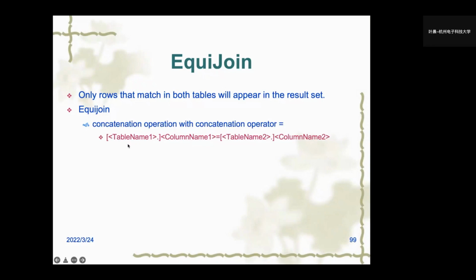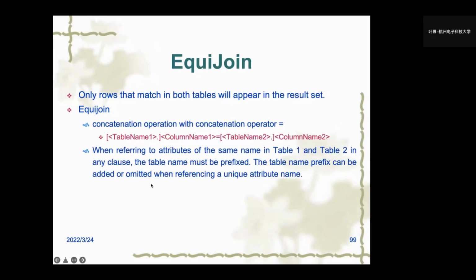You write the table name 1 dot the column name 1 equal to the table name 2 dot the column name 2. When referring to attributes of the same name in table 1 and table 2, in any clause, the table name must be prefixed, and the table name prefix can be omitted when referencing a unique attribute name.